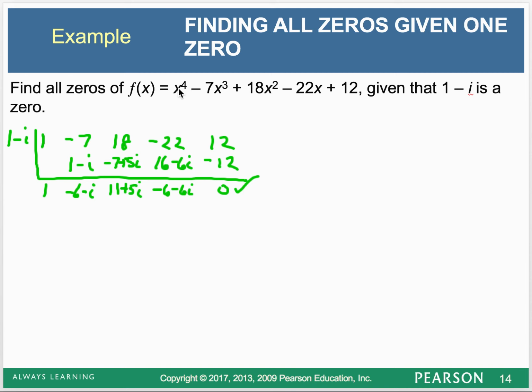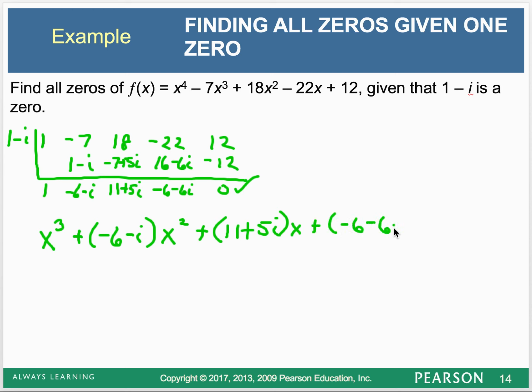Now, since this was x to the 4th, this is x cubed. Okay, and I'm going to write it like this just so that there's no confusion. x squared plus 11 plus 5i x plus negative 6 minus 6i, right?